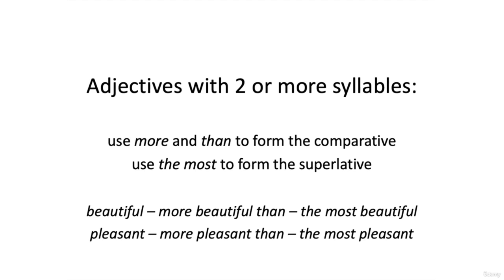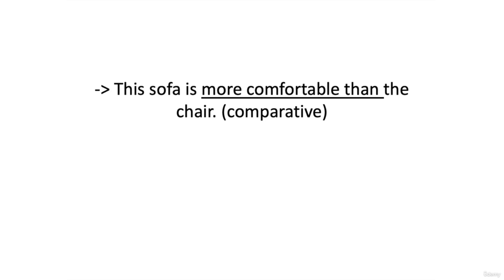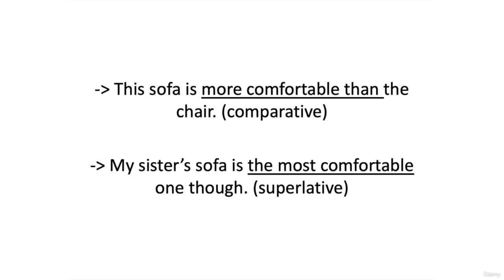We form the comparative and superlative like this: more beautiful than, the most beautiful. Another example, pleasant, more pleasant than, the most pleasant. This sofa is more comfortable than the chair. My sister's sofa is the most comfortable one though.